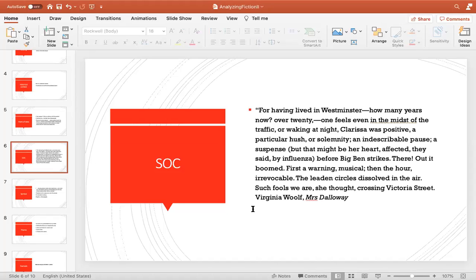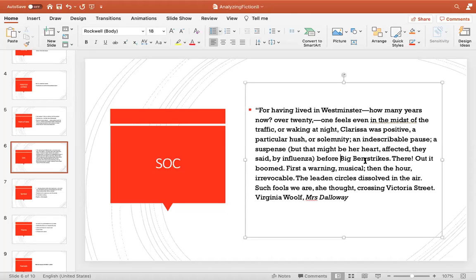Now, this is an interpretation of a symbol, okay? Now, the Big Ben, are you aware of Big Ben, students? Some of you, what is Big Ben? Do you want to check it online on your own and share with me what Big Ben stands for?